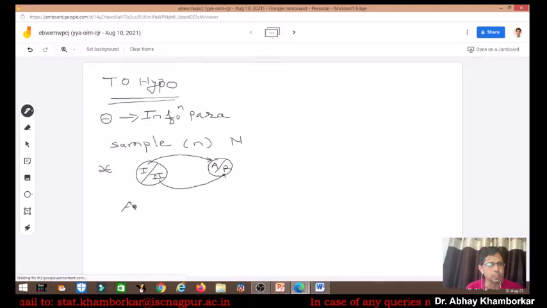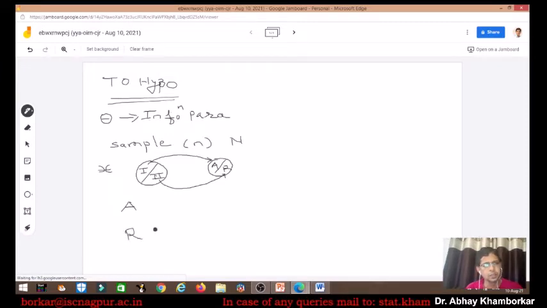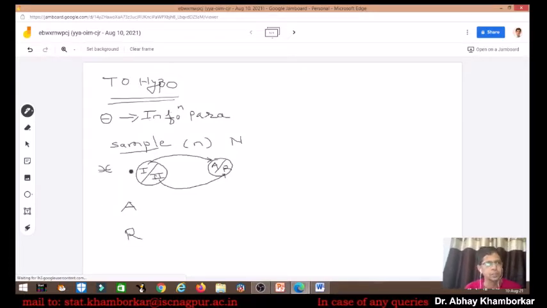One is acceptance of the hypothesis H0, that means the null hypothesis, or we reject the hypothesis. So two decisions are there, and to take a decision, we divide the script X, or the sample space, into two parts. On the basis of whether the sample we have drawn from the given population belongs to part 1 or part 2, you either accept or reject the hypothesis respectively.